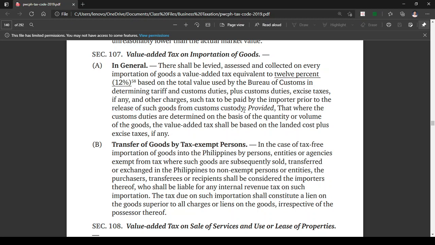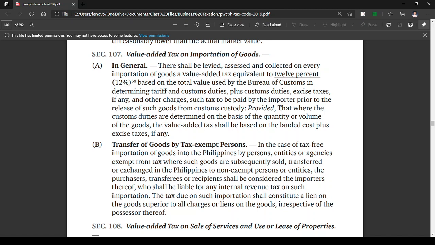Hindi katulad ng ibang businesses na every quarter sila magbabayad, in this case, magbabayad sila ng value added tax before pa lang sila nagbenta. So ito yung pagkakaiba ng importation of goods sa ibang businesses.